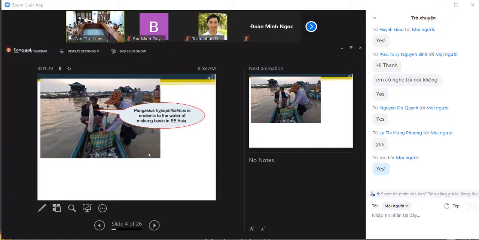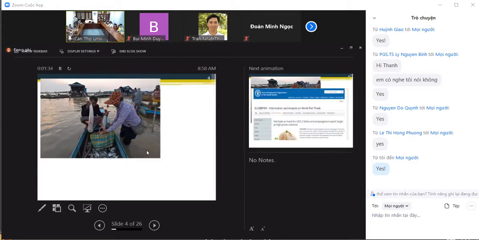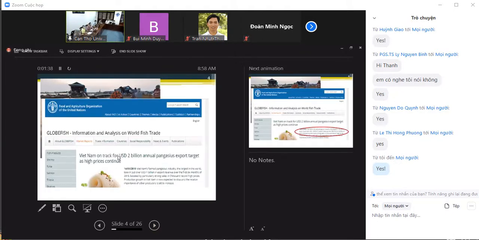And for your information, based on the FAO website in 2019, Vietnam is the largest exporter, especially in the farmed pangasius industry. It has been exported to more than 150 countries all over the world.